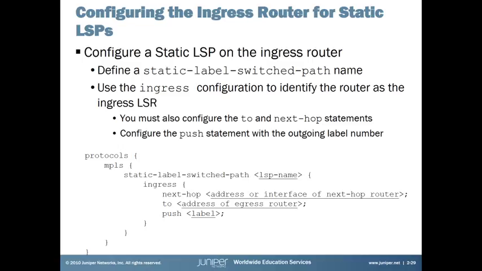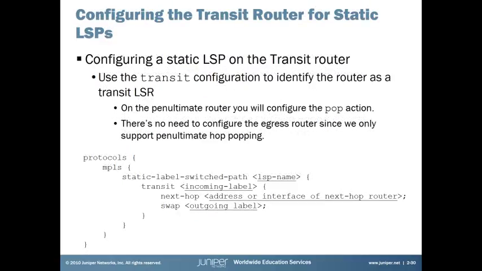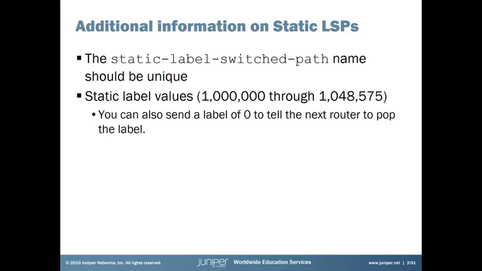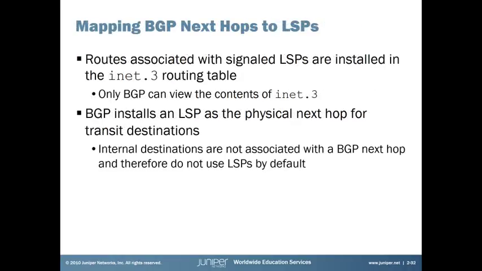So the actual IP address of the egress router is defined when we set up the path, and the value is set up. Transit routers have an incoming value, next hop, and an outgoing value for the swap. Unique name.